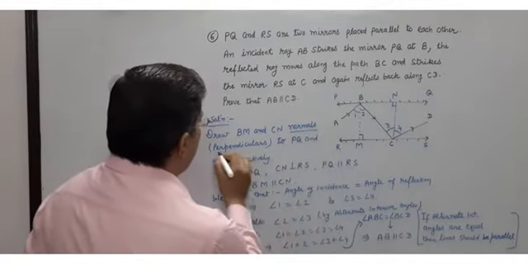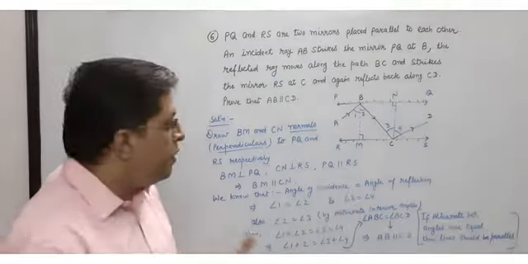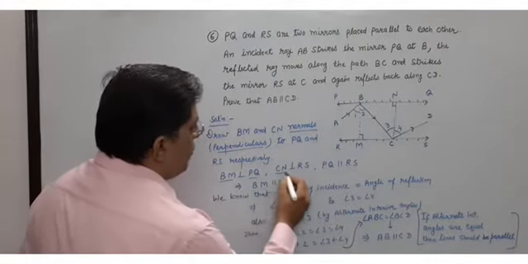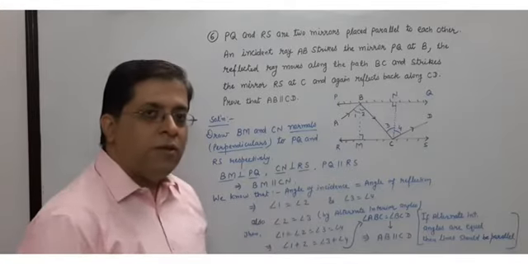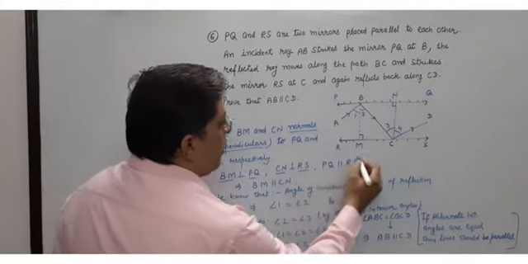Normals mean perpendiculars to PQ and RS respectively. It means BM is perpendicular to PQ and CN is perpendicular to RS. And one another thing is given to us, PQ is parallel to RS.